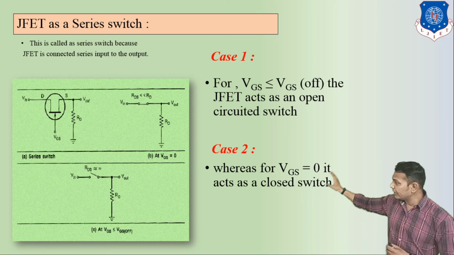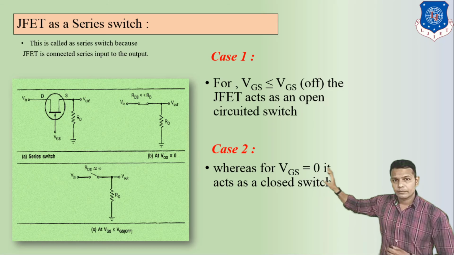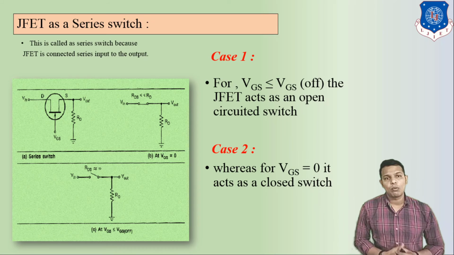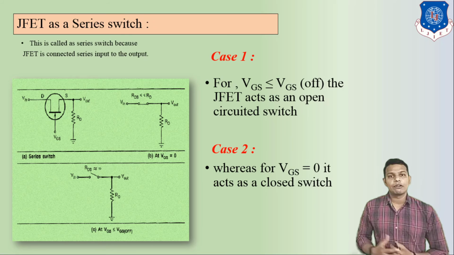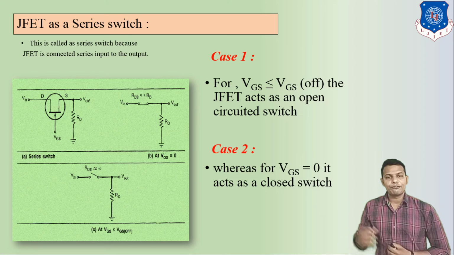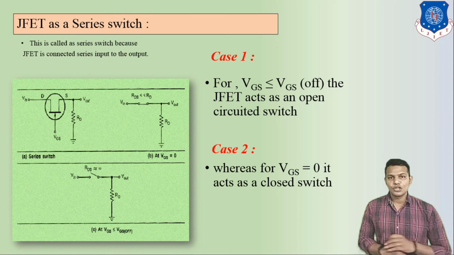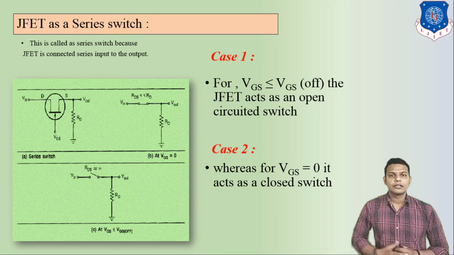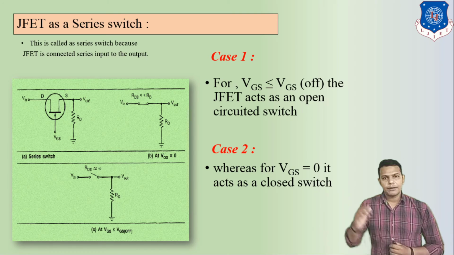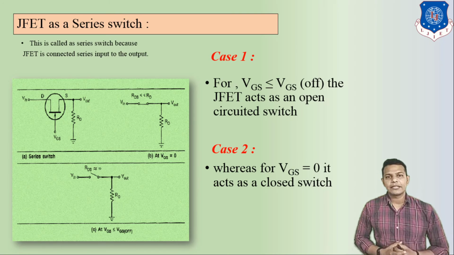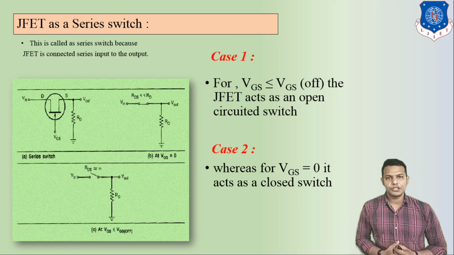For case number 1, as we discussed in shunt, if VGS is less than or equal to VGS off, the JFET acts as an open switch. There is no change between series and shunt; it becomes an open switch. Remember, VGS off is the cutoff region.